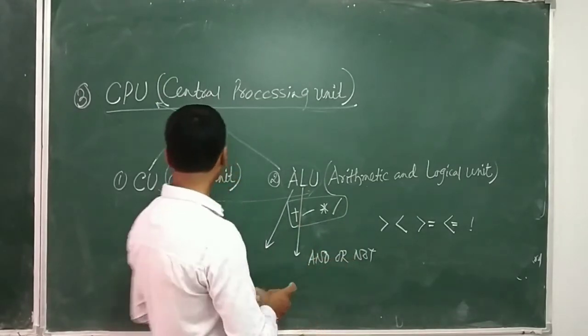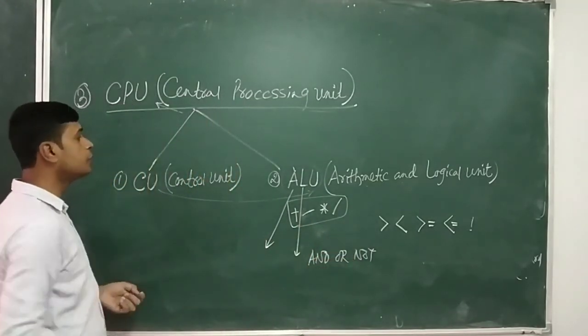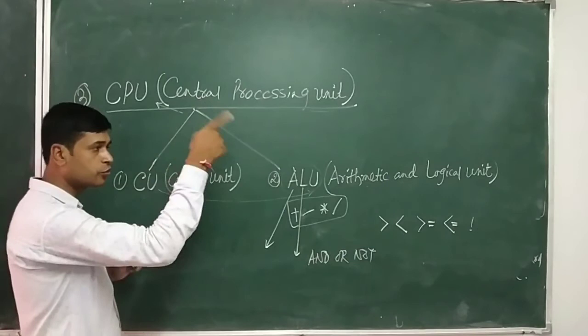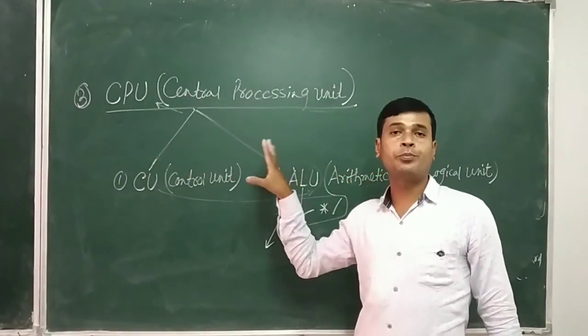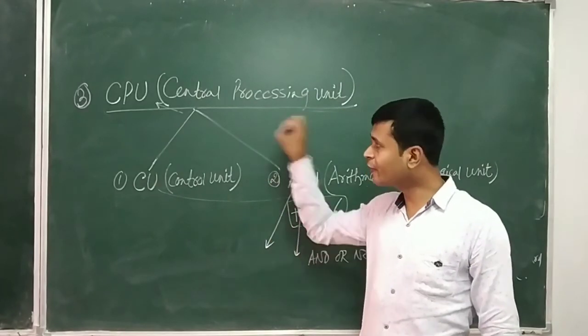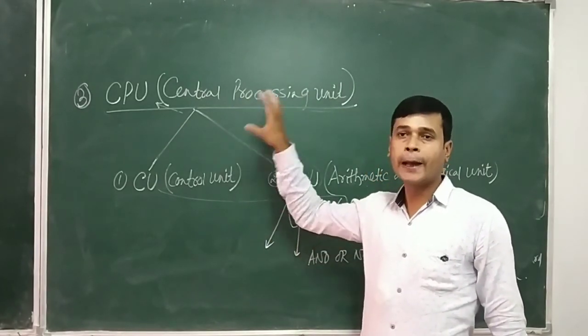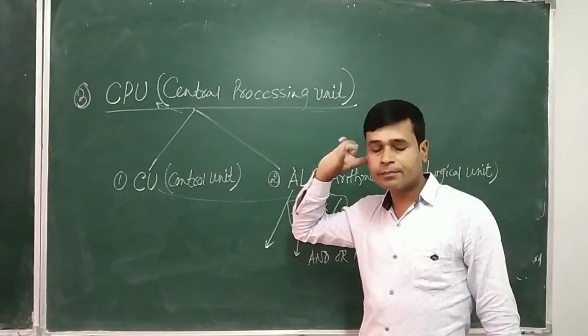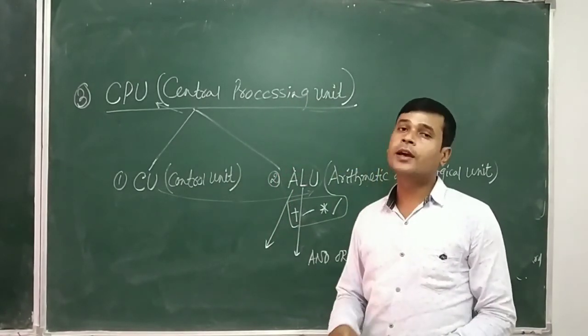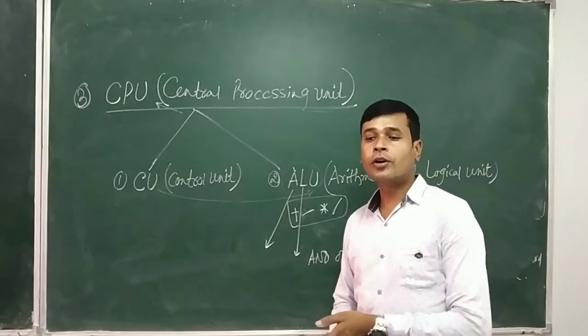So these are the sub units of CPU, because of these two sub units all the input and output devices are controlled. Therefore this is called the brain or heart of the computer. So this is the essential unit of a computer.